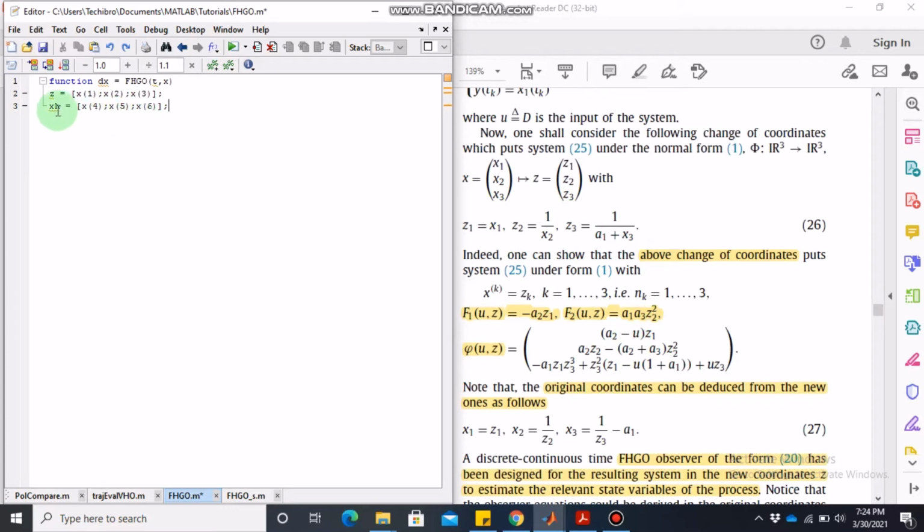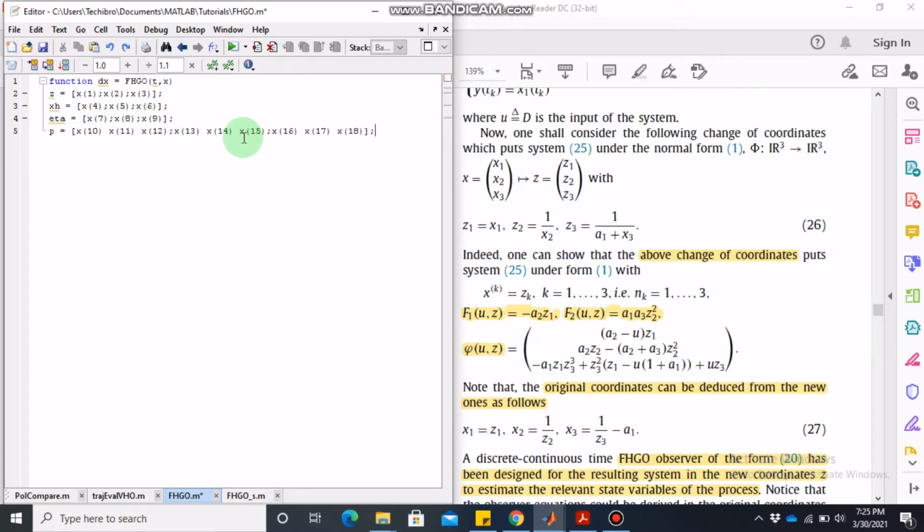So these x hat will be the three estimates of x1, x4 will be the estimate of x1, x5 will be the estimate of x2, and x6 will be the estimate of x3. Then we have eta variables, which are also part of the filtered high gain observer proposed in the paper. Eta will be eta 1, eta 2, eta 3. In our code, x7 is eta 1, x8 is eta 2, and x9 is eta 3.